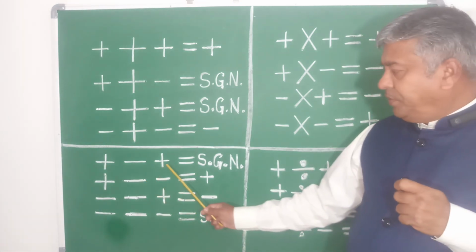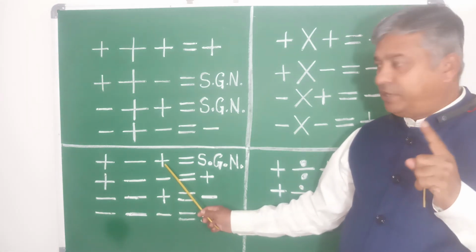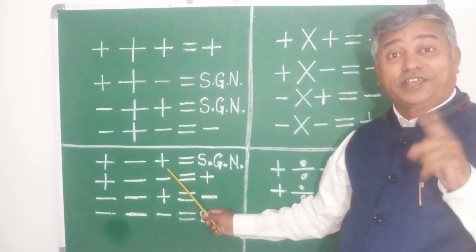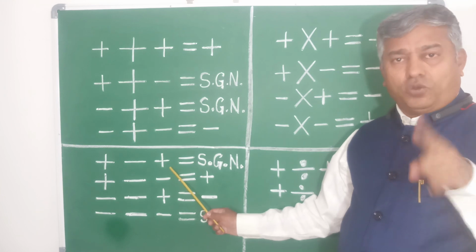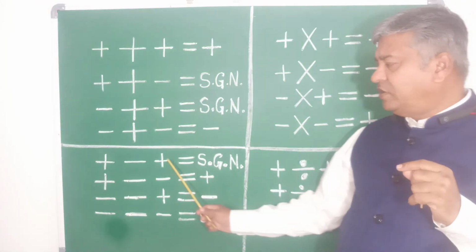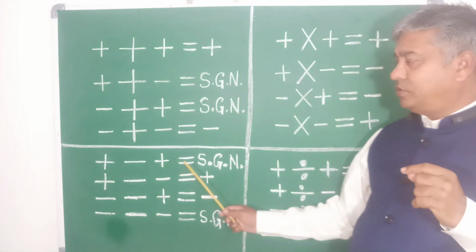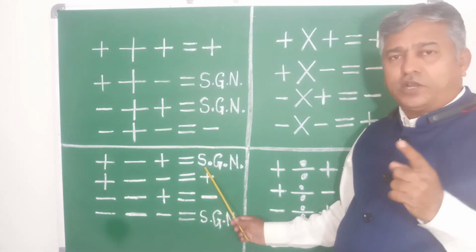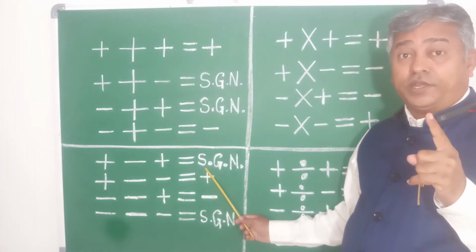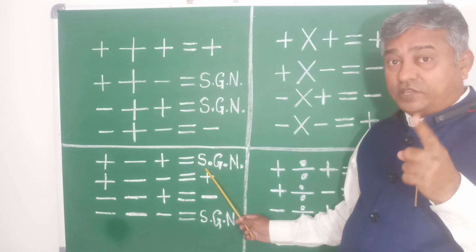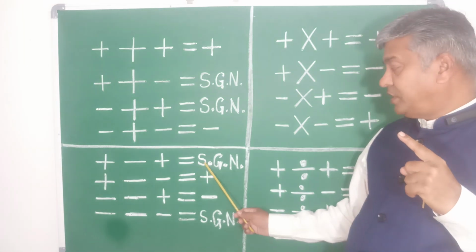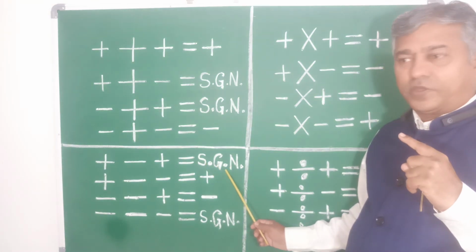If it is positive, it becomes negative, the second sign. So here the subtraction of two positive numbers, whenever we do, we write down the sign of the greater number, SGN.